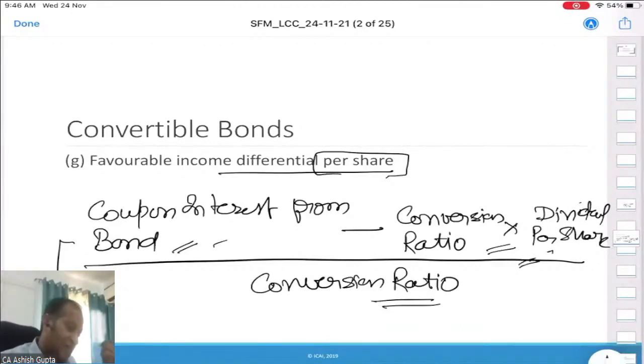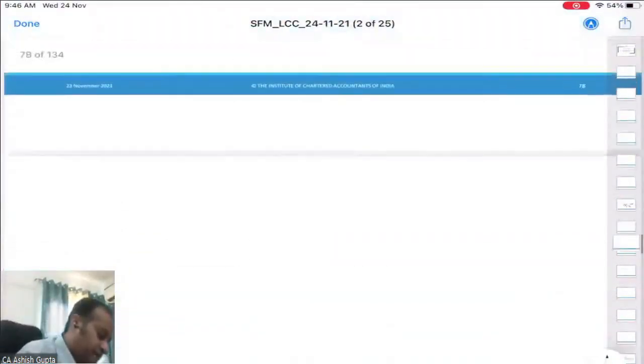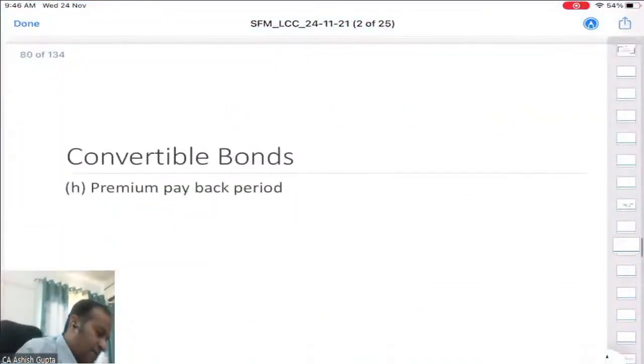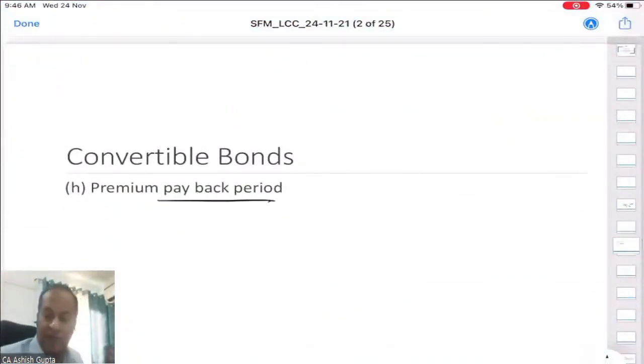Now next we will calculate the premium payback period.